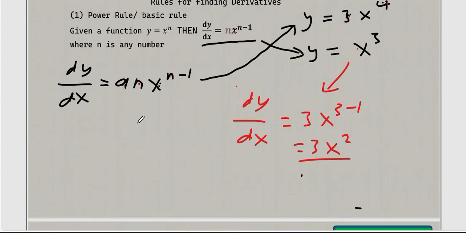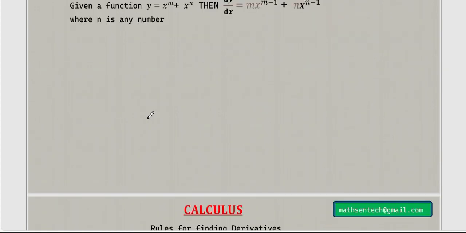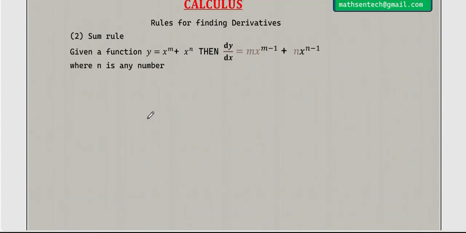So there is also another rule for differentiating. Remember we said we have different kinds of equations. So the next one is called the sum rule. In short, you have two different equations inside the same equation. For example, you can see we have the general equation, and then the formula of how to get the derivative.